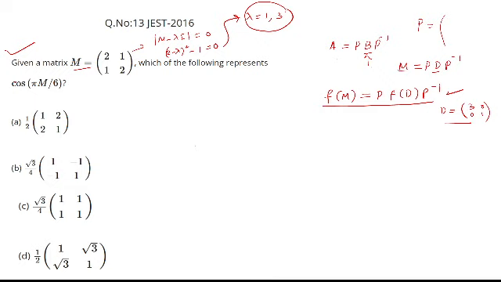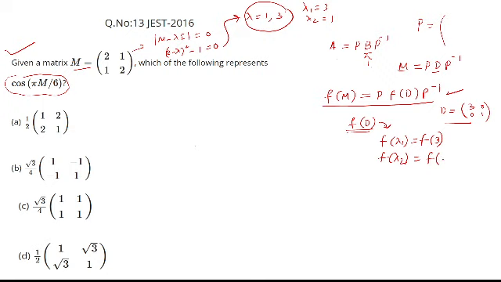But here f of M is cos of pi M by 6. Now if you want to find f of D, f of D is also an operator, so obviously the eigenvalues should satisfy this function. If we take lambda 1 as 3 and lambda 2 as 1, then we find f of lambda 1, that is f of 3, and f of lambda 2, that is f of 1.